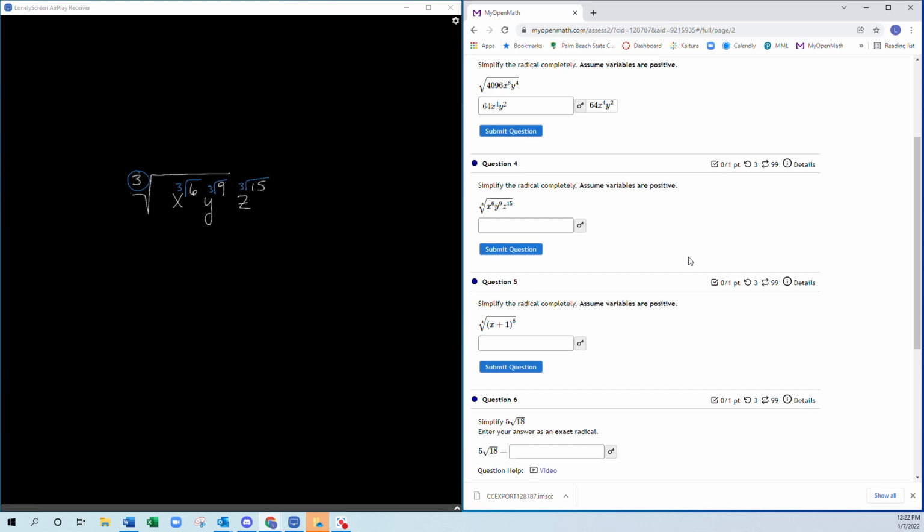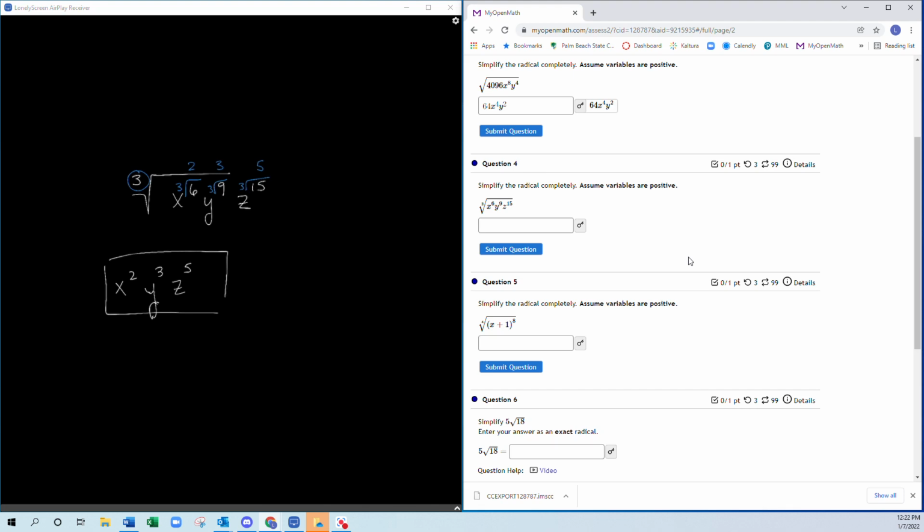So 3 divided into 6 leaves me with an exponent of x squared. And then 3 divided into 9 leaves me with 3, so that becomes y to the 3rd power. And the last one, 3 goes into 15 5 times, so a z to the 5th comes out.